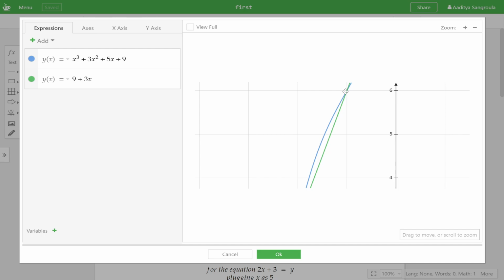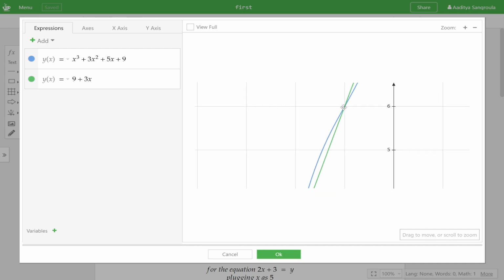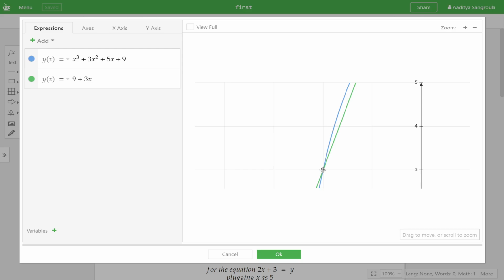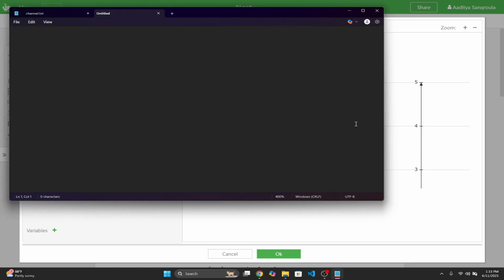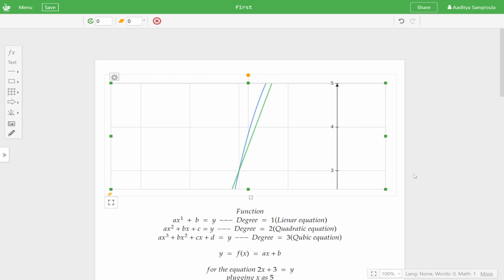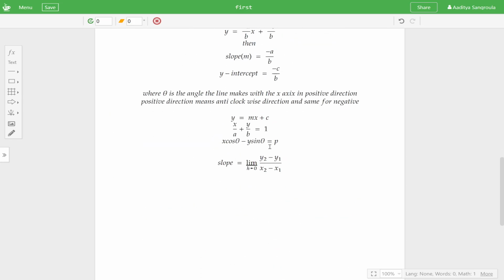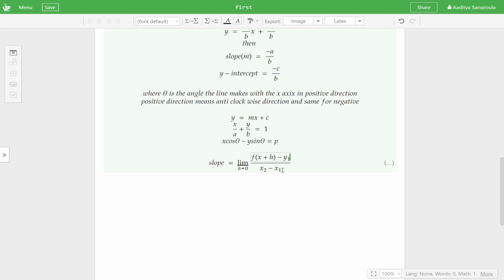That's going to be y2. Simple thing, right? And that's going to be the limit. In place of y2, we put f of x plus h minus, what is y1? y1 is y, so that's f of x.